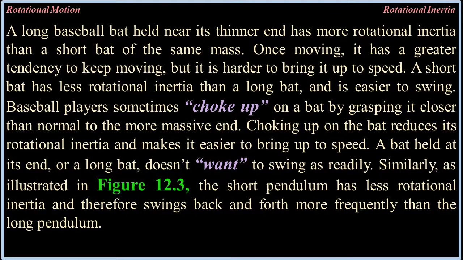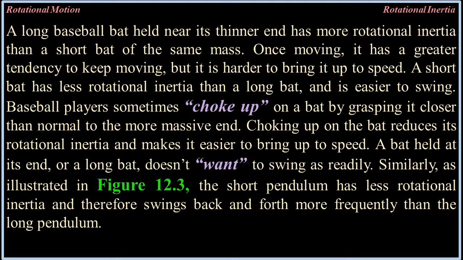A long baseball bat, held near its thinner end, has more rotational inertia than a short bat of the same mass. Once moving, it has a greater tendency to keep moving, but it is harder to bring up to speed. A short bat has less rotational inertia than a long bat, and it's easier to swing.